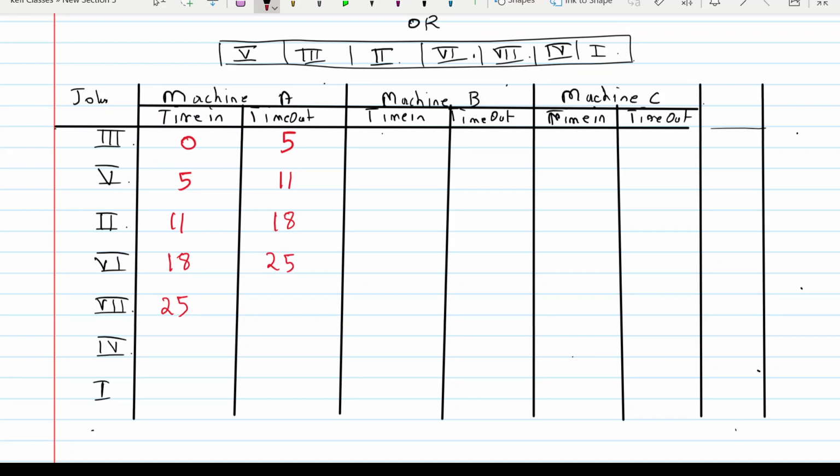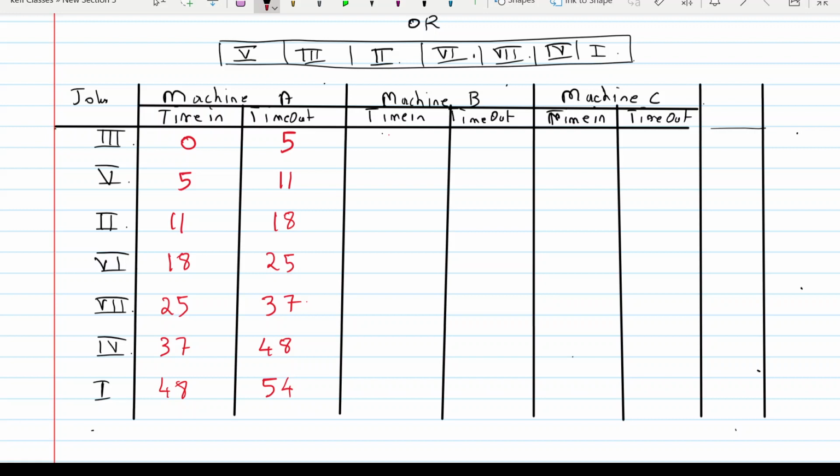Job 7 is 12 minutes. 37, 37. Job 4. And job 4 is 11. So that is 48. Then this comes in at 48, and job 1 is for 6. So that becomes 54. Okay?